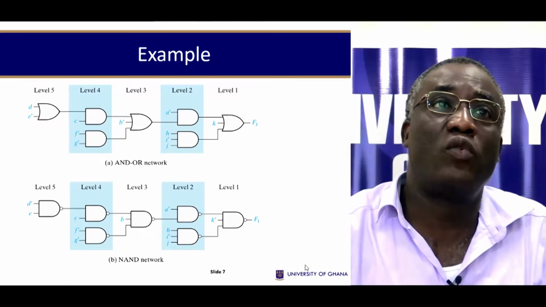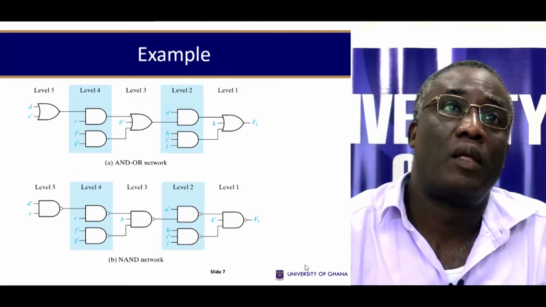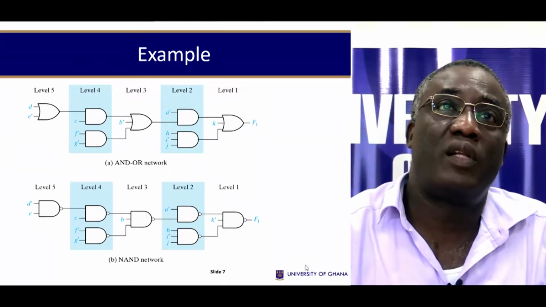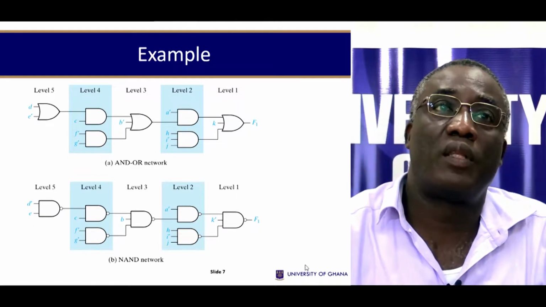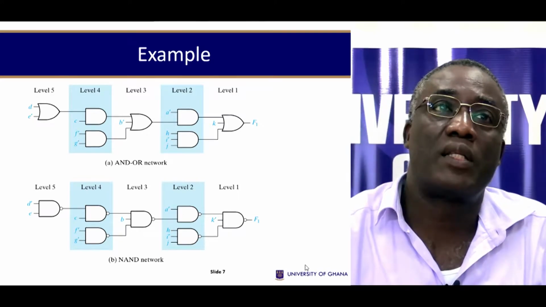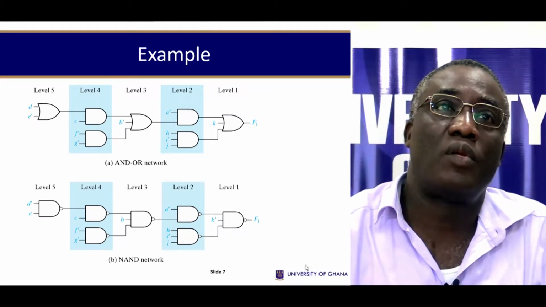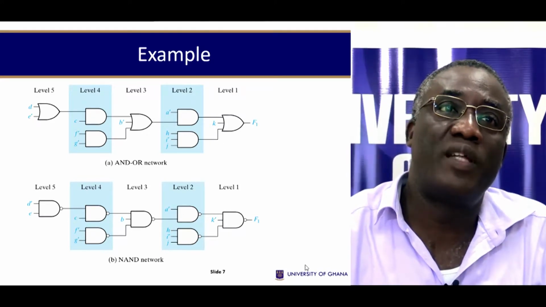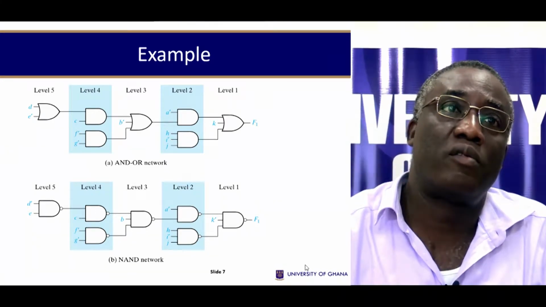If you look at that, you have level 5, level 4, level 3, 2, and 1. And then you invert the outputs here, so you change that from an OR to what?